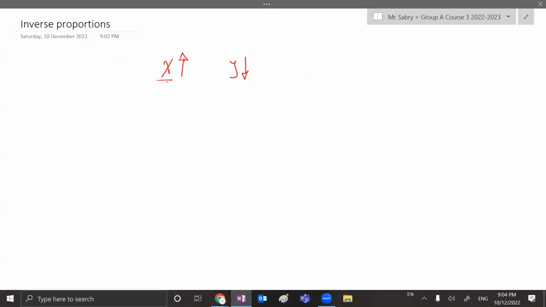So if I say X is the number of workers doing a specific job, and Y is the time needed to finish the job, the more people I add, the less time I need to finish the whole thing.